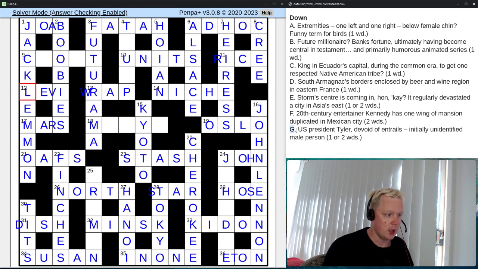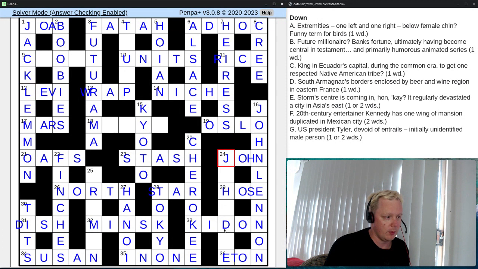And now we still don't have 4, which would allow us to get these, but it's going to be now this G. Now this G has these three solutions, and we can already think about what those might be. So the G is US President Tyler, devoid of entrails, initially unidentified male person. And that can be 1 or 2 words.